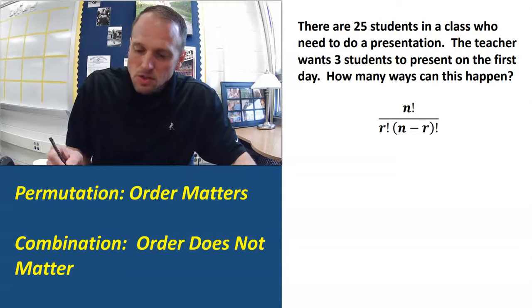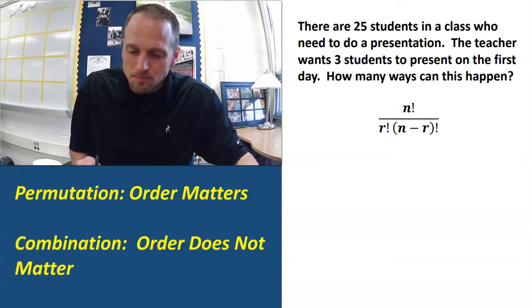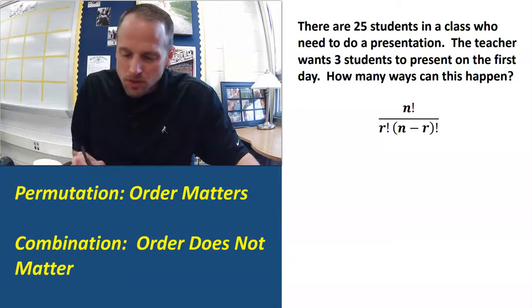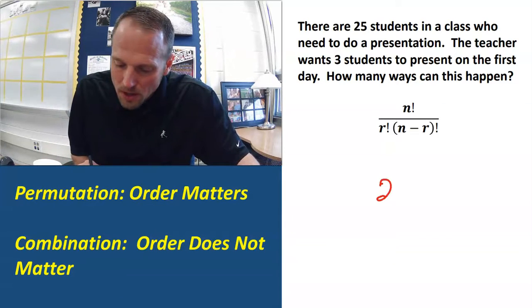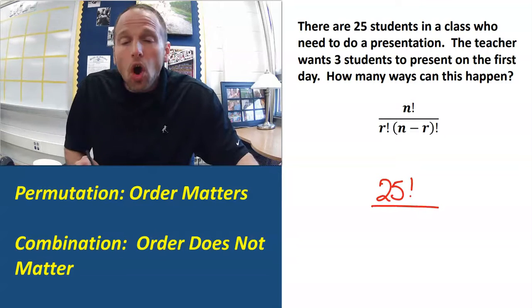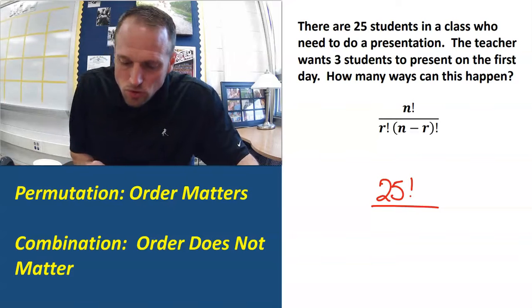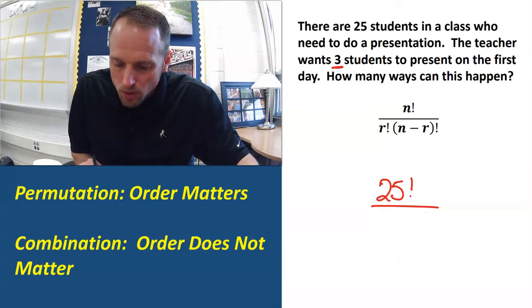All right, so let's talk about this formula that I have up here. First of all, n is the number of students that there are, the number of choices that we have. So we'll put 25 in for n, and r is the number that we're actually choosing. So we're choosing 3 students, so wherever there's an r, we're going to put a 3.